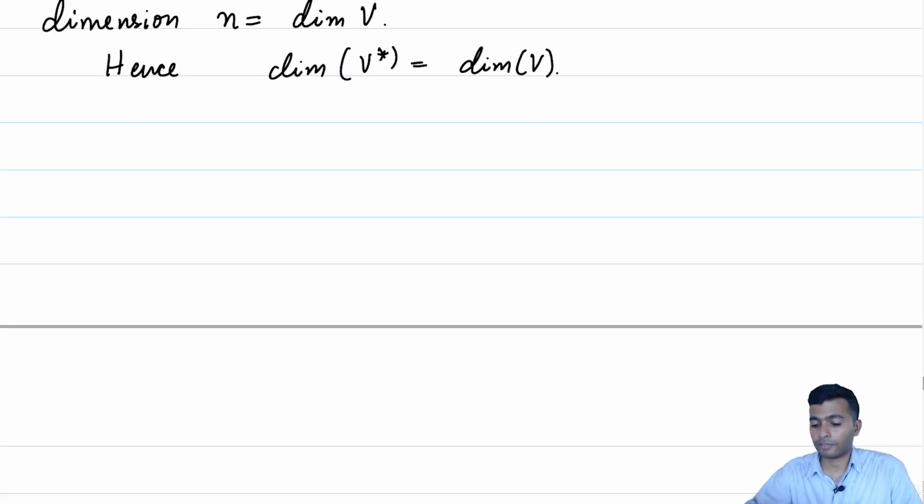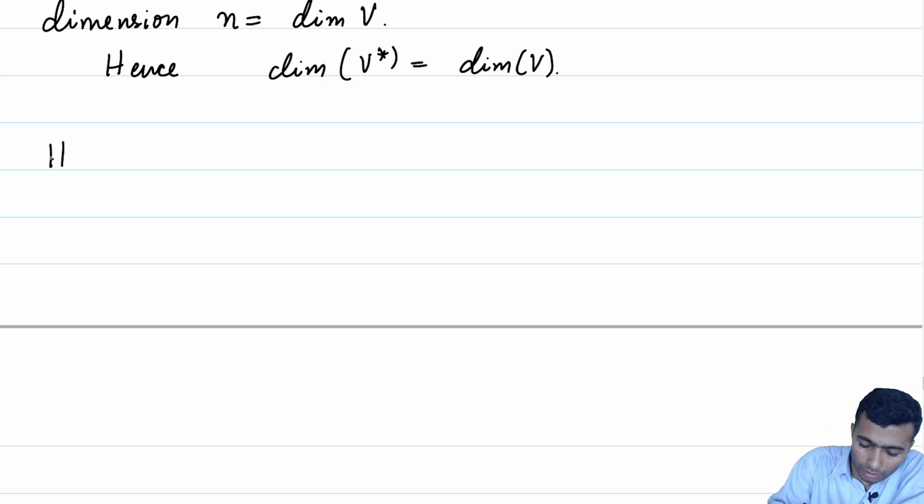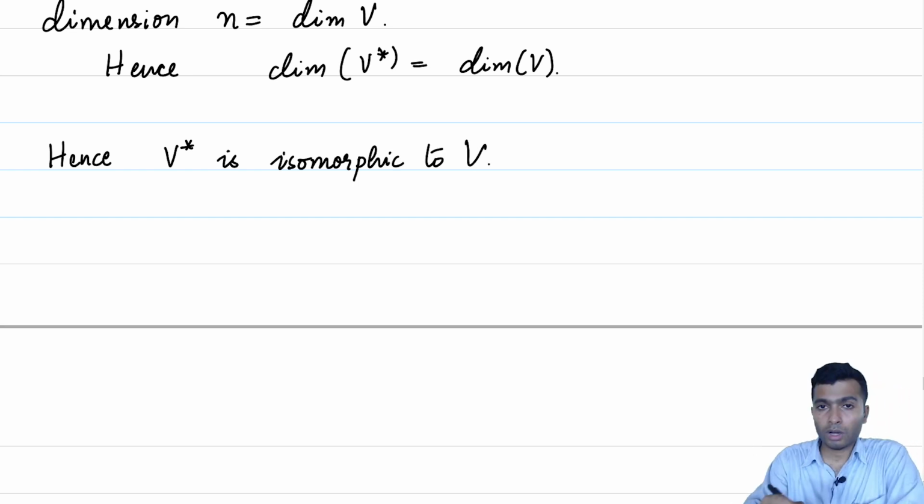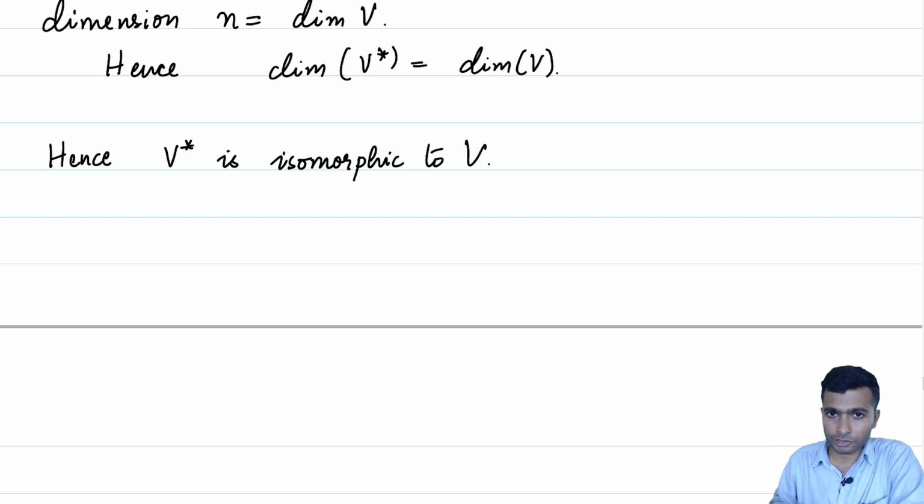We know that if two vector spaces V and W have the same dimension, then they are isomorphic. And since V and V star have the same dimension, V star is isomorphic to V. Alright, now let us consider some very specific linear functionals which will be of interest to us.